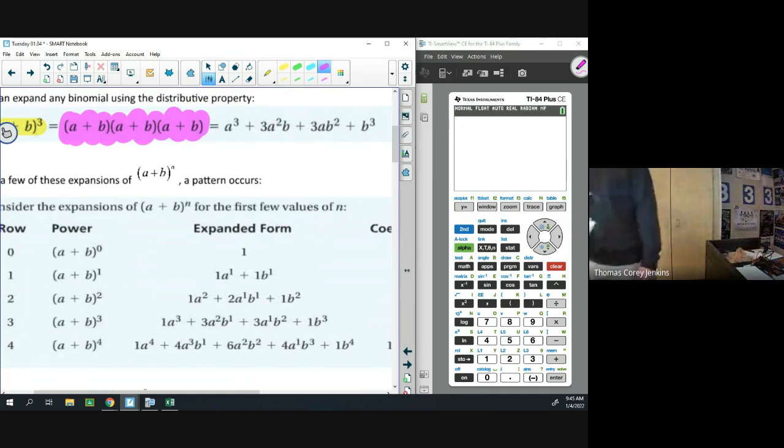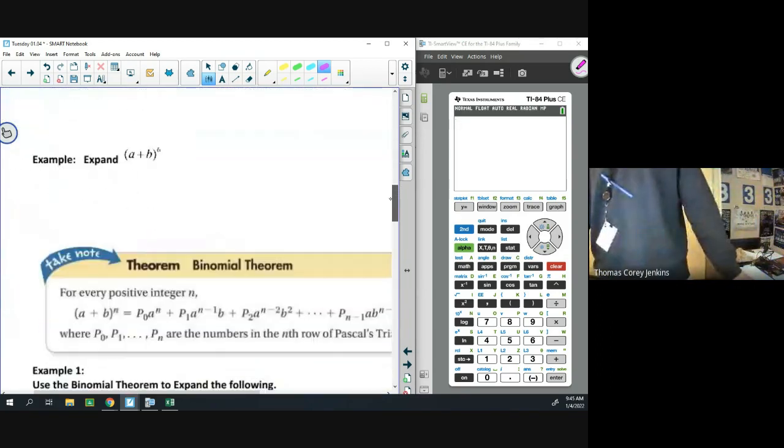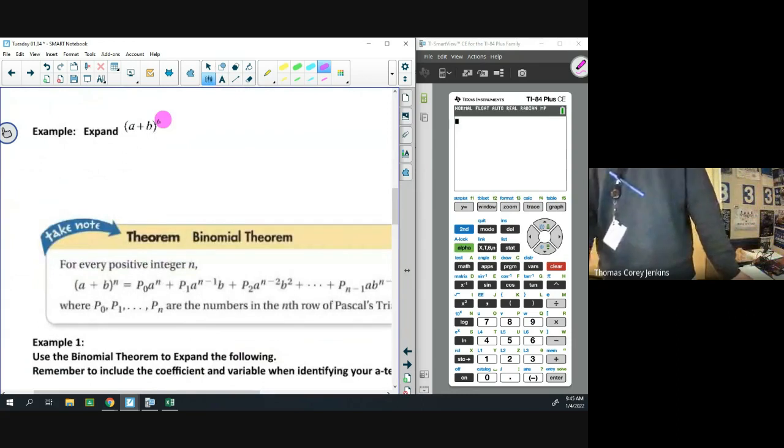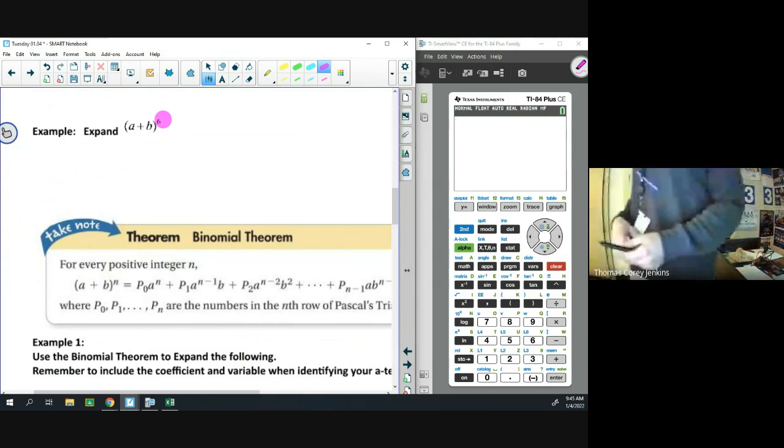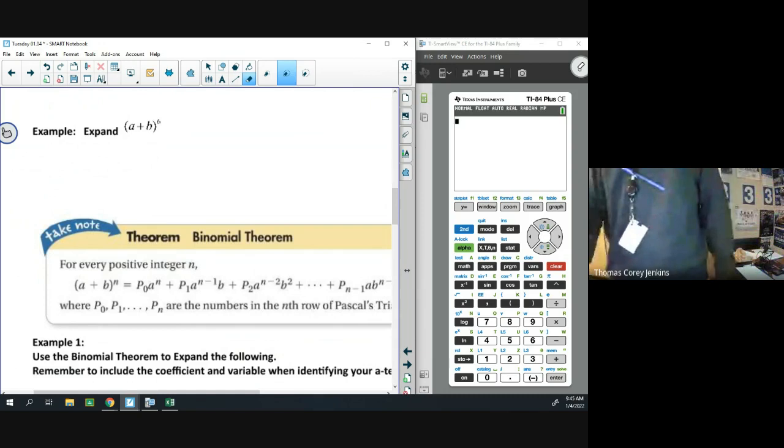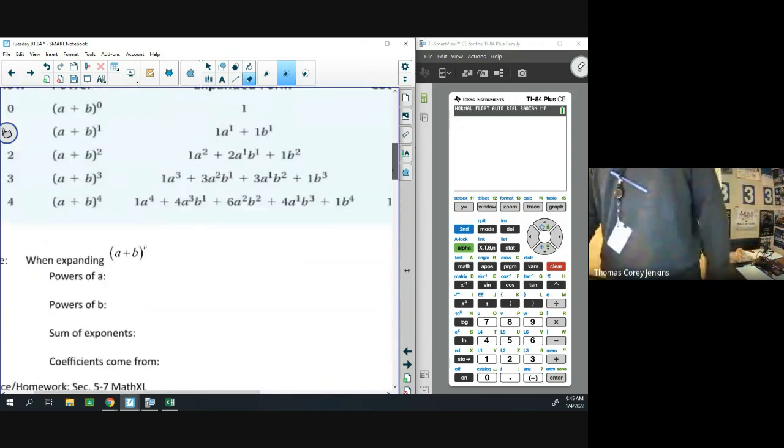That can get really repetitive, and if we look at some of our later examples, like this one, (a + b)^6, that would just take forever, okay? So we're going to learn a shortcut to how to expand that out.